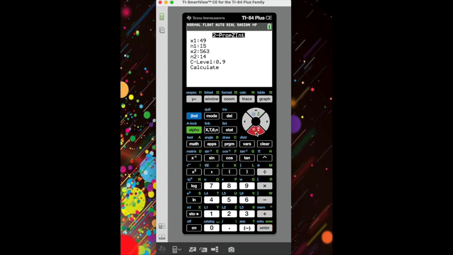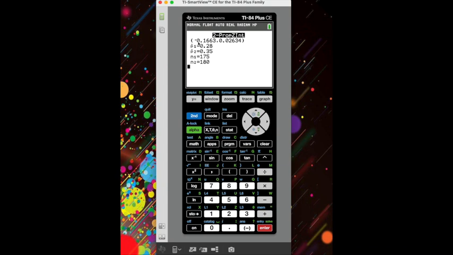And then our sample size was 175. Our successes from the second sample, that was 63. And our sample size was 180. We want to do a confidence level of 0.95 for 95% confident. And then I'm going to click on calculate, and it's going to give me the information here.